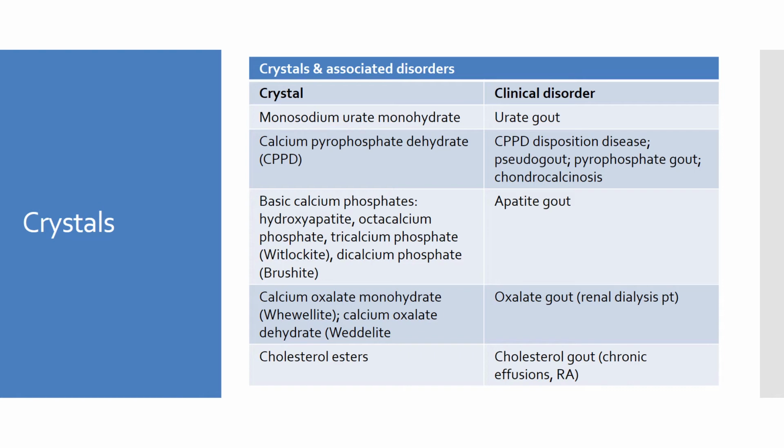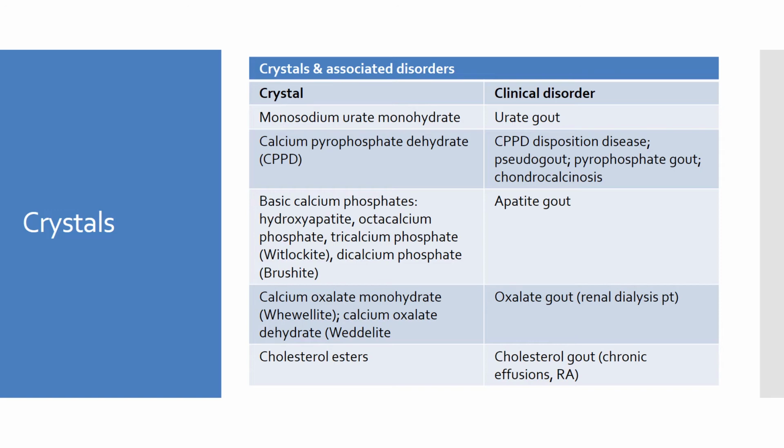Then we have apatite gout, which contains any of a number of calcium phosphates. Then oxalate gout, which is associated mostly with renal dialysis patients. That's calcium oxalate, the different calcium oxalates. There are two versions, weddellite or whewellite, but it's the same calcium oxalate. One's monohydrate and one's dihydrate.